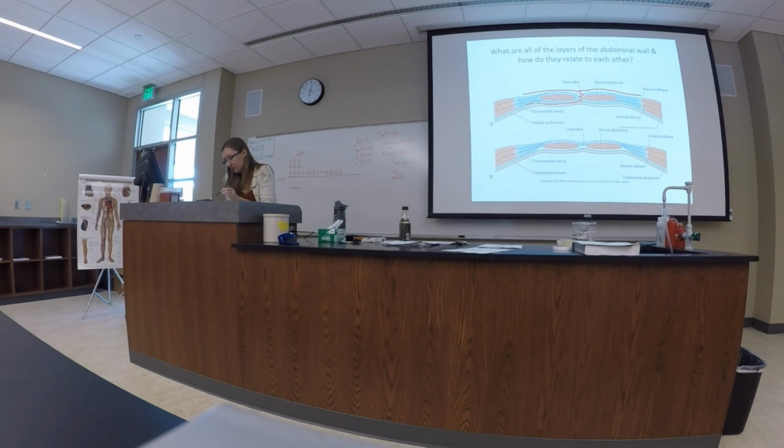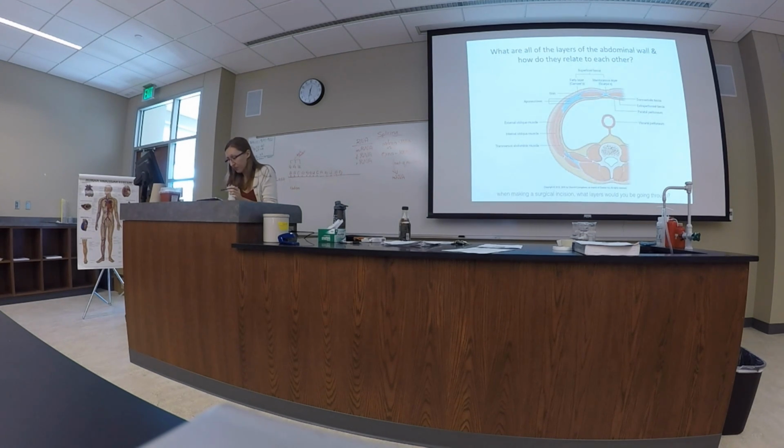Okay, so this gives us an idea of the layering, what it would look like there. If we take a full cross section, you can see how it relates to the rest of the structures in the area. So here's our peritoneal cavity. You can see the three main muscles of the lateral abdominal wall coming from their insertion points.